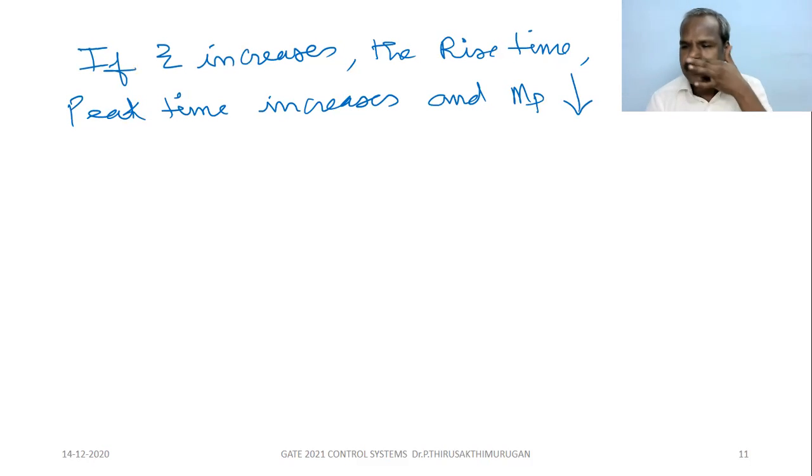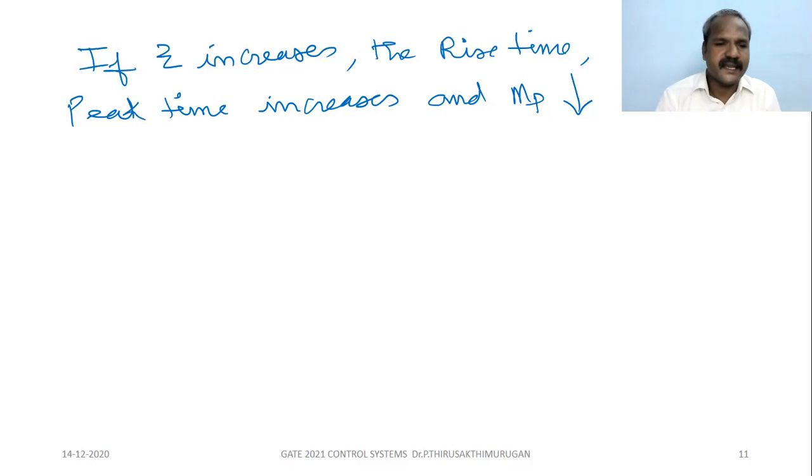So if zeta increases, rise time and peak time increase, but maximum overshoot decreases.